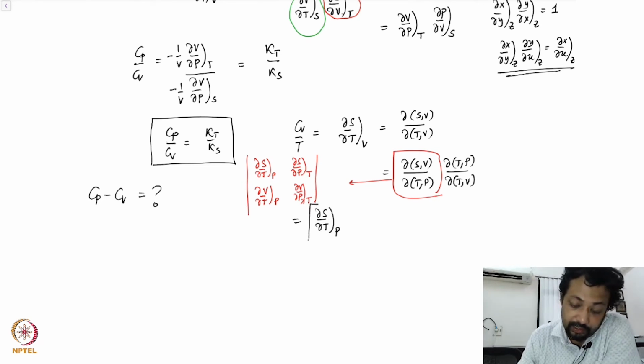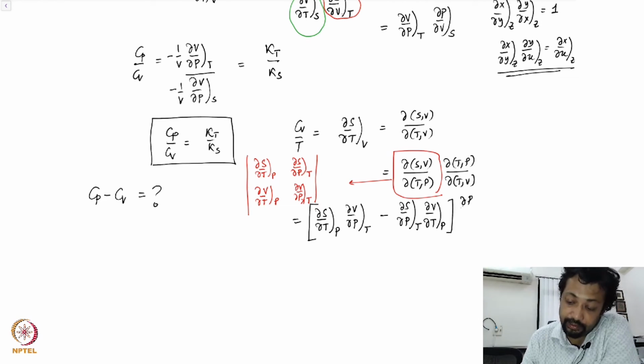If I evaluate this determinant, I write down (∂S/∂T) at constant pressure, (∂V/∂P) at constant temperature, minus (∂S/∂P) at constant temperature, (∂V/∂T) at constant pressure, and this one I have (∂P/∂V) at constant temperature.